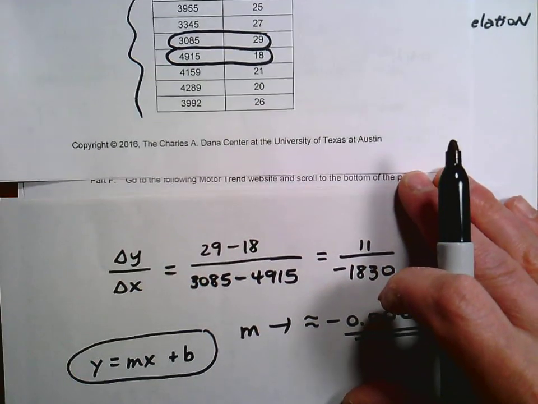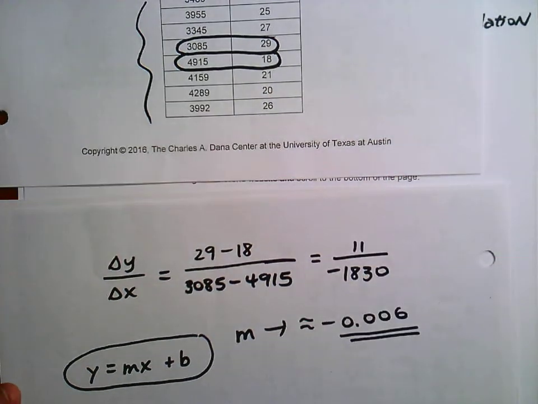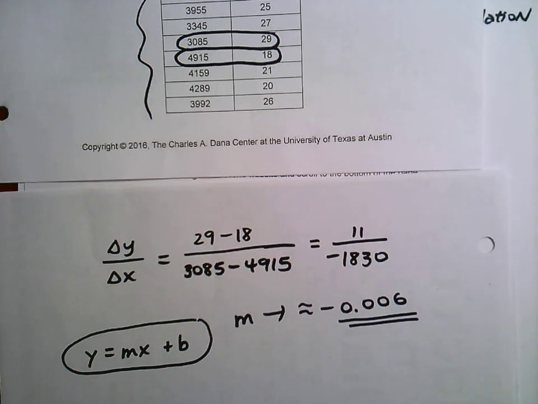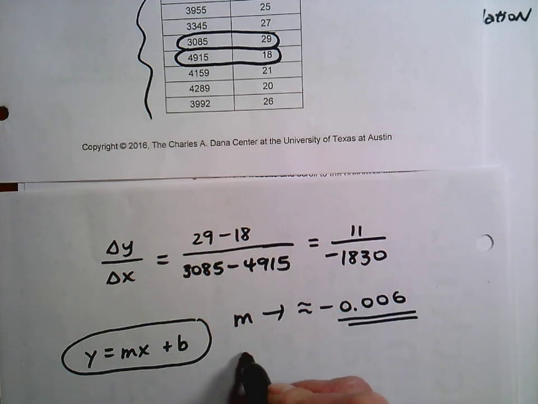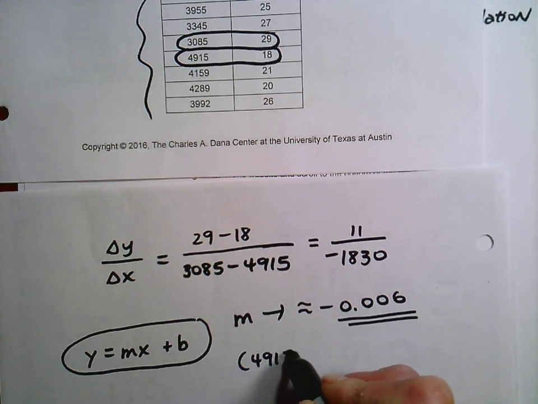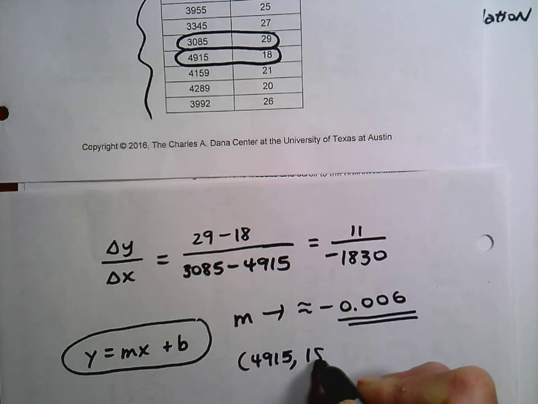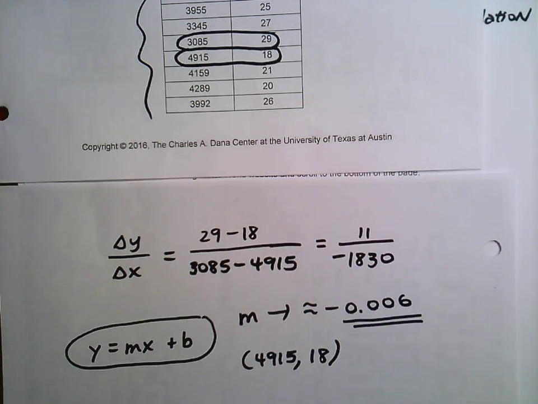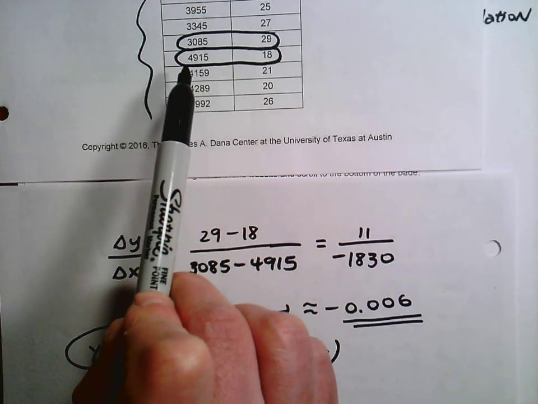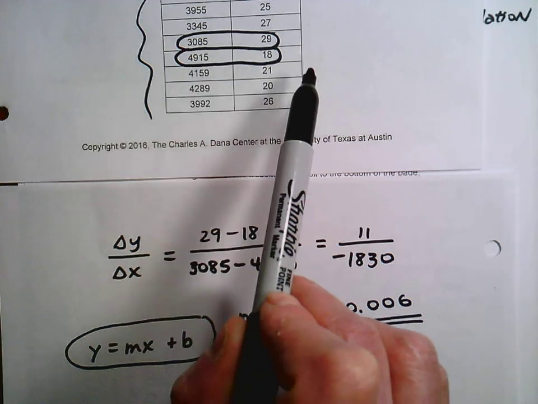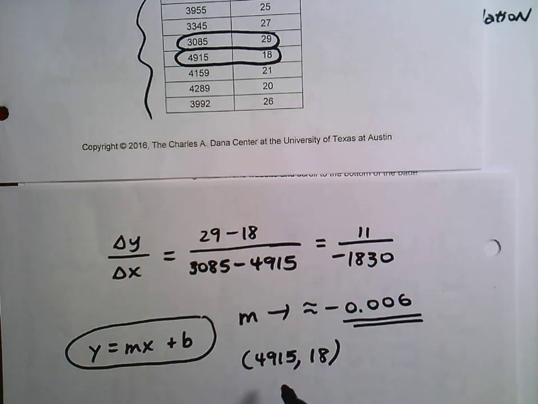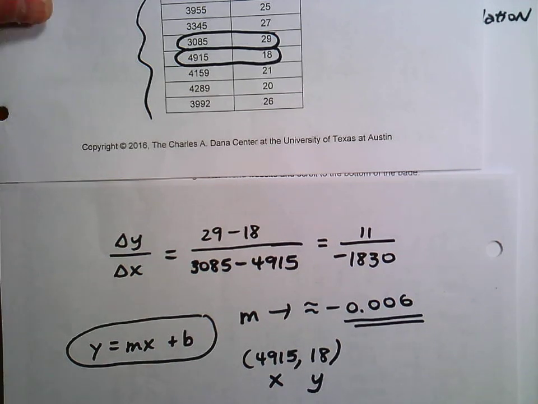So I'll come back here, right? I'm going to just pick one value for x and one value for y. Let me just grab this one. Right, so I'm grabbing this right here from this table, 4,915 and 18. So what I'm doing is I'm picking that for my x and picking this for my y.